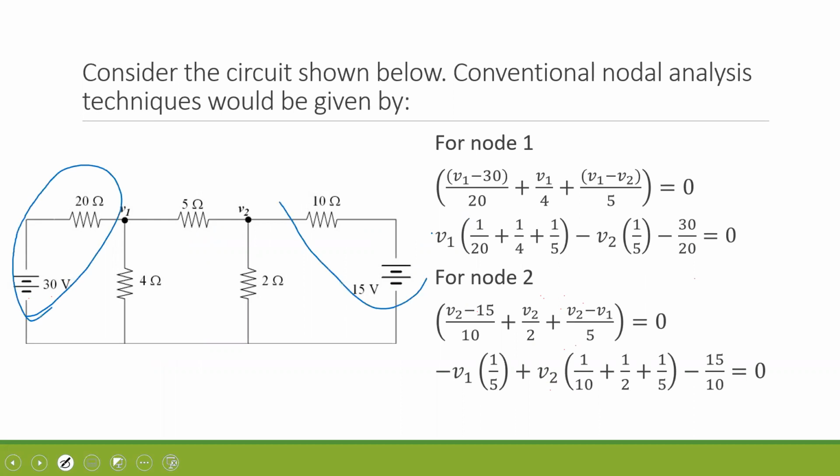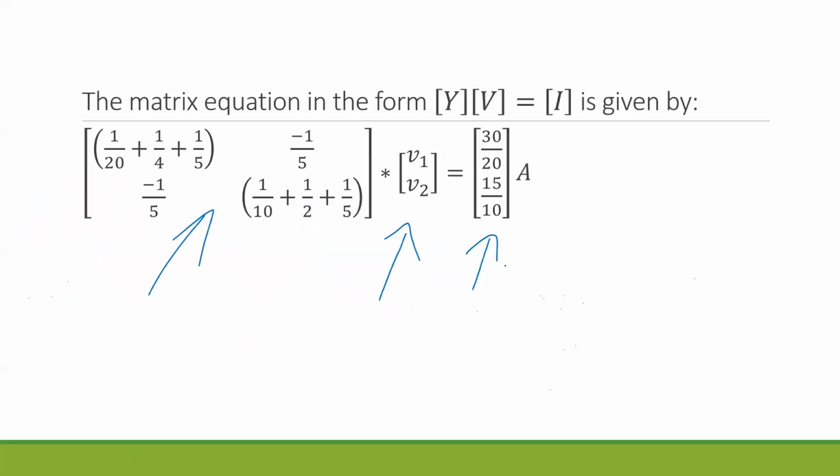For the 15, we're dividing by 10. So it's 30 over 20, 15 over 10. We're simply dividing by the resistance that is in the same path as the source.